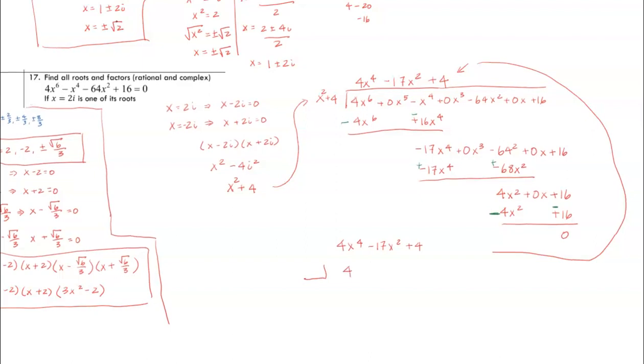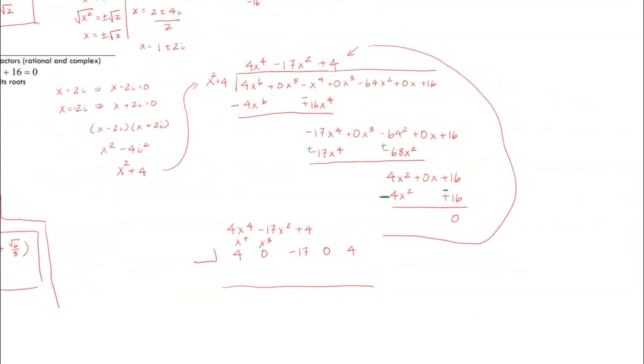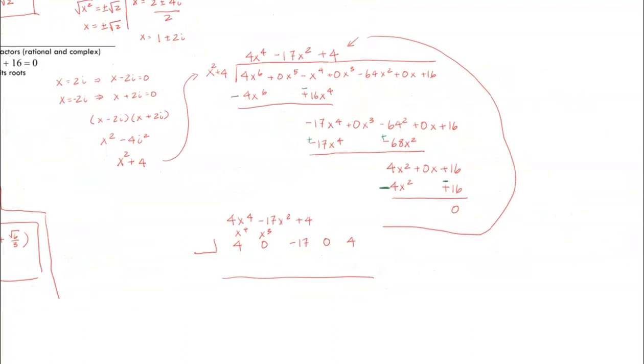Let's go ahead and find 4, 0, x to the 3rd. This is x to the 4th, x to the 3rd, negative 17, 0, and 4. What numbers to try? P over Q. P over Q is going to be plus or minus 1, plus or minus 2, plus or minus 4.